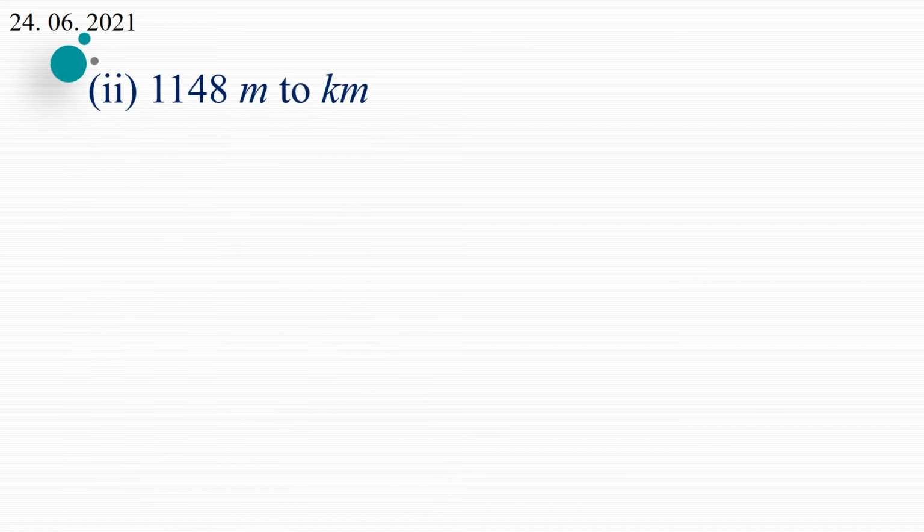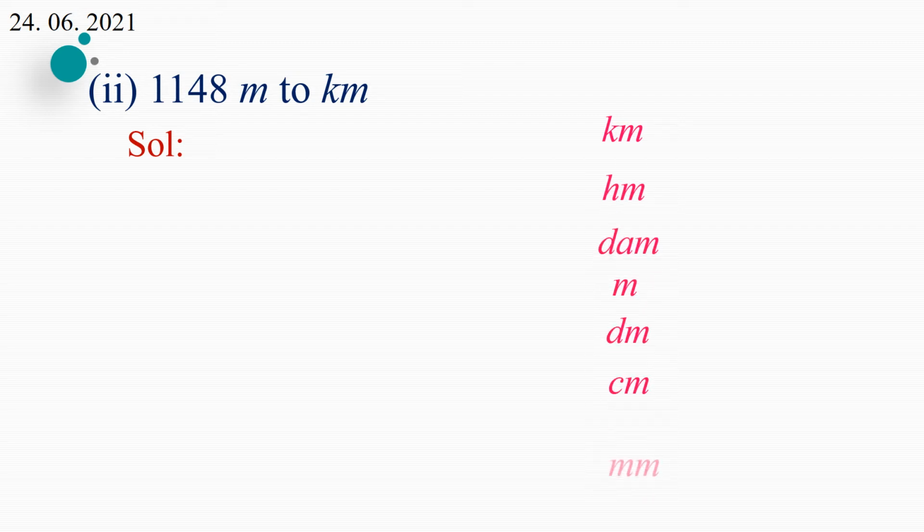Let's see the second problem. 1148 meter to kilometer. Let us find the solution. Here we convert meter to kilometer, that is smaller unit to higher unit. Now write the formulas. We have to move meter to kilometer.